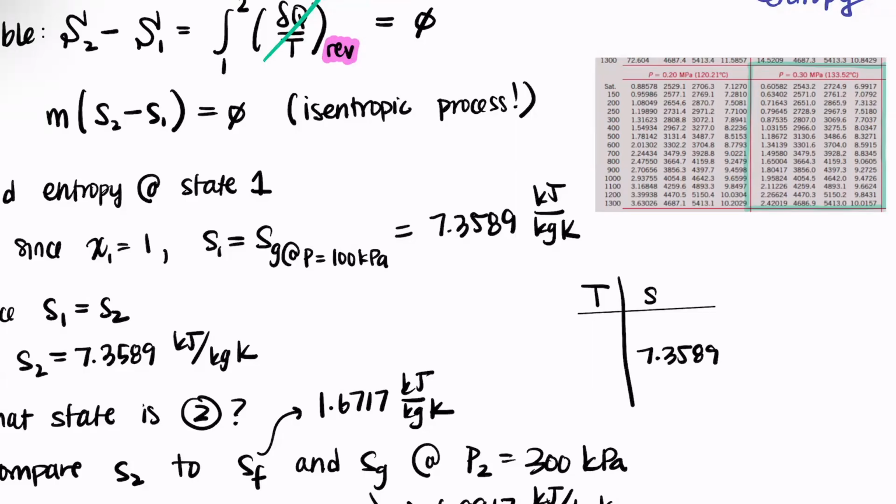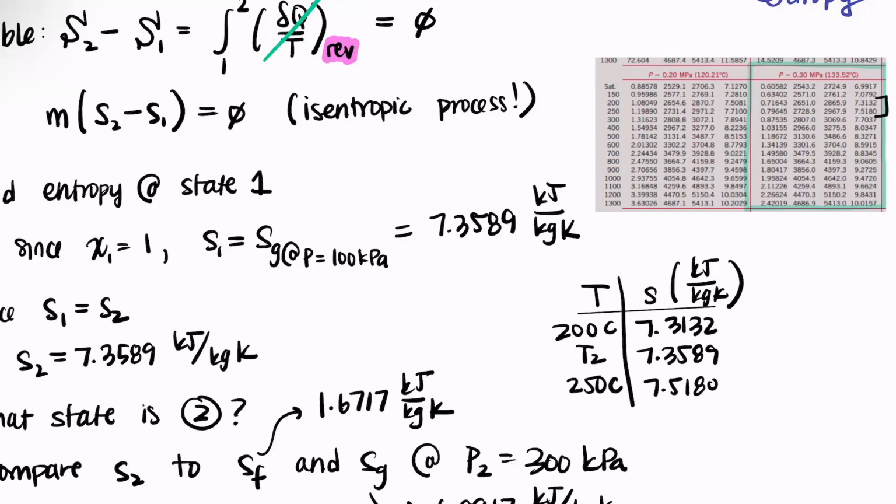So one below and one above. And it looks like we should look at these two. So our lower one is 7.3132, and then our upper one is 7.5180. These are all kilojoules per kilogram Kelvin. And then our temperatures on those are 200 C, T2, which we're going to find, and then 250 C.